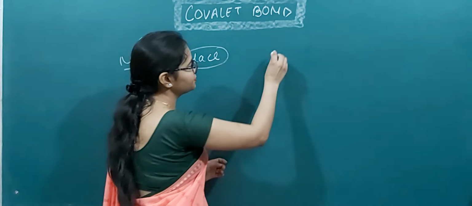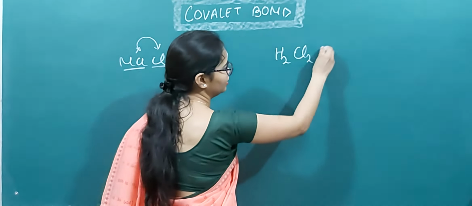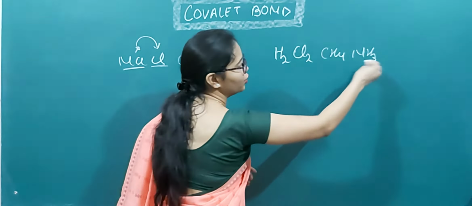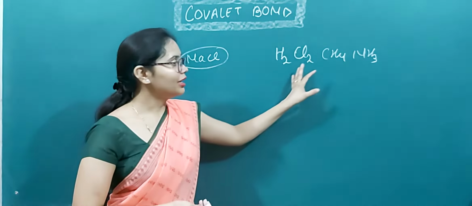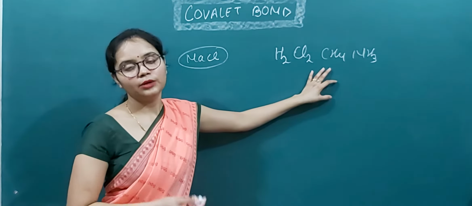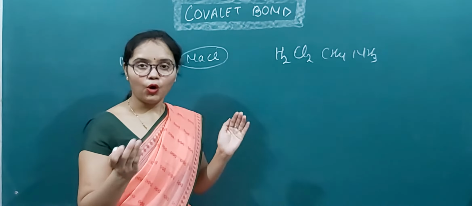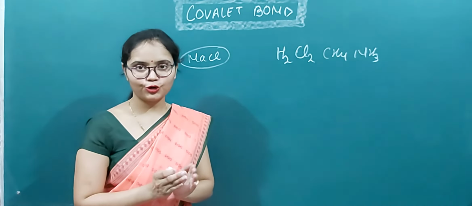For example, hydrogen, chlorine, CH4, NH3, or you can take more examples. So in these types of examples, the electronegativity difference between the constituent particles is not very high, or the electronegativity is the same for both the constituent particles.